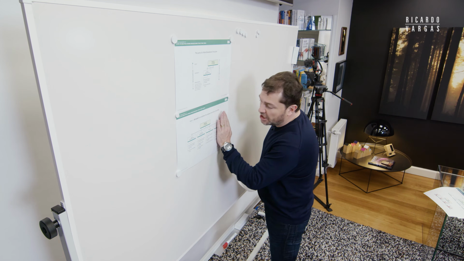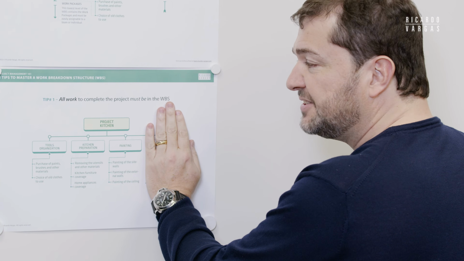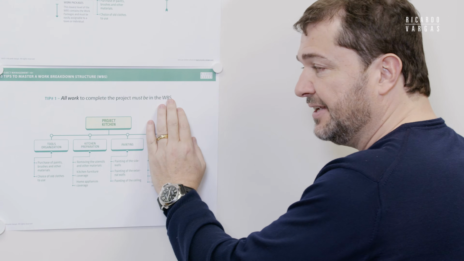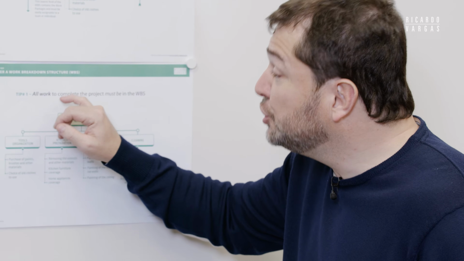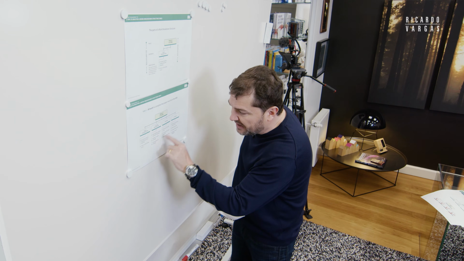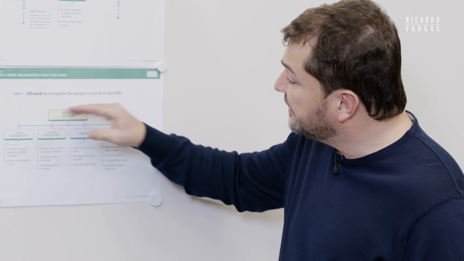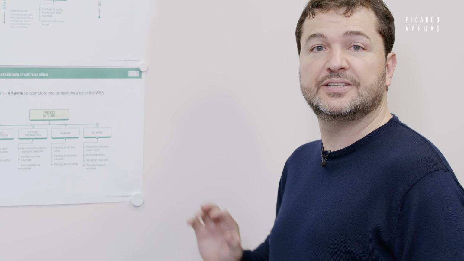If cleaning is not here, it means your project is not supposed to include cleaning. So everything that you will do must, it's not should, it must be included. If I take a look at 1, 2, 3, 4, 5, 6, 7, 8, 9, 10, 11, 12 work packages, it's all the work I need to do to complete this fictitious project called Project Kitchen.